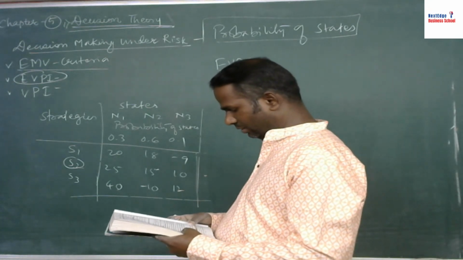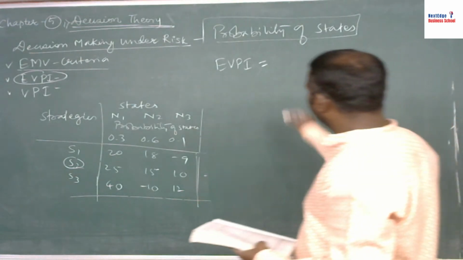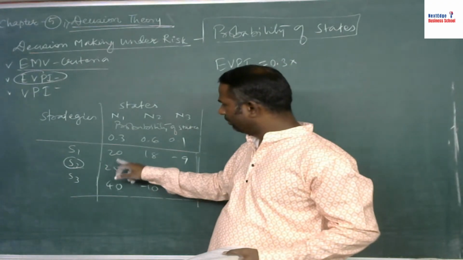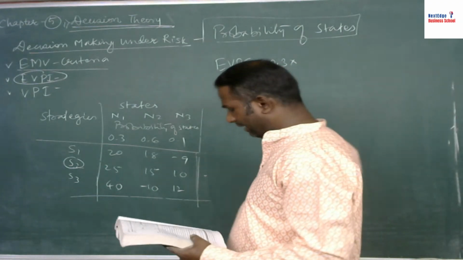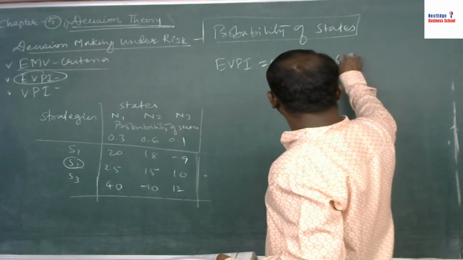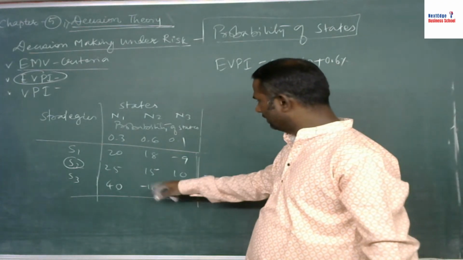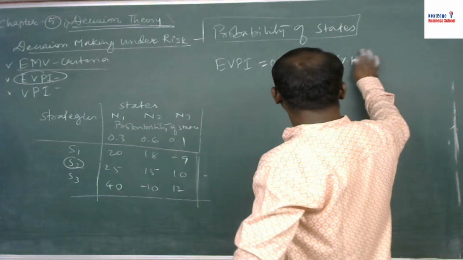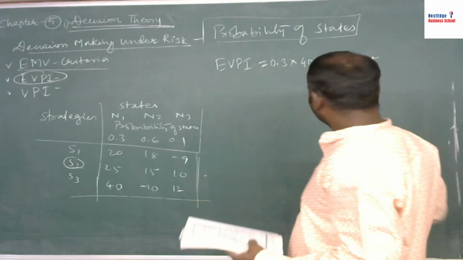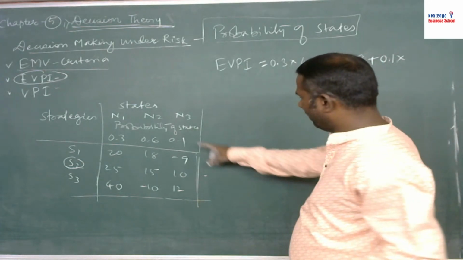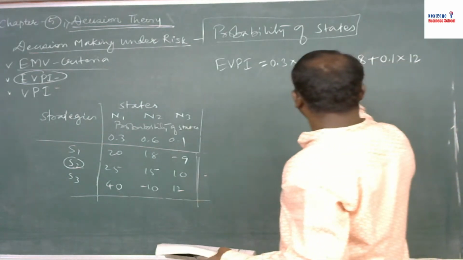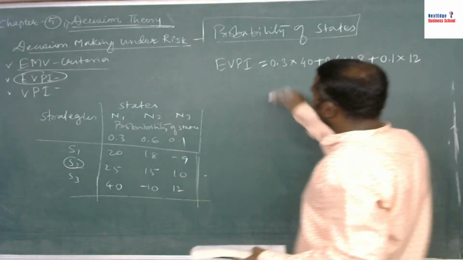So it looks like this: 0.3 into the maximum value in the first column, 20, 25 and 40, the value is 40, plus in the second 0.6 into the maximum value, it's 18, plus in the third column 0.1 into the maximum value, क्या है 12 है, so it's 12. इसका आंसर आएगा 24। So we have calculated EVPI.